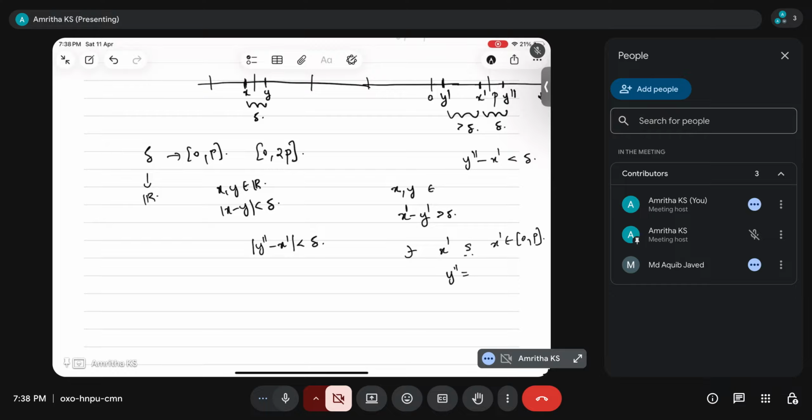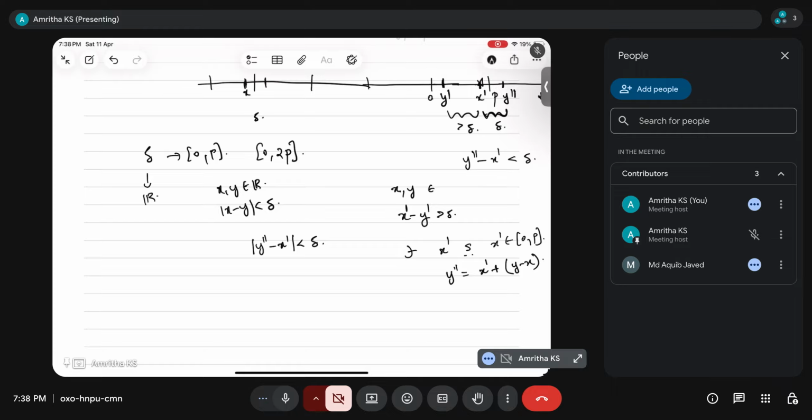Now take y double dash to be what? x dash plus y minus x. What is y minus x? This distance. And here you get x dash.